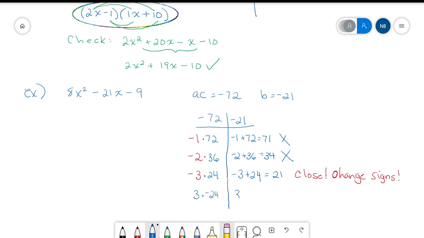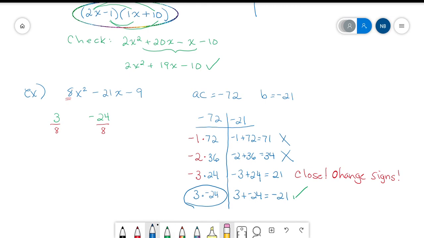And just to be extra super careful, you might want to verify that that gives you negative 21. It does. So you have your two factors. So I'm going to write them up here, 3 and negative 24, and now I'm going to divide both of those numbers by the 8.